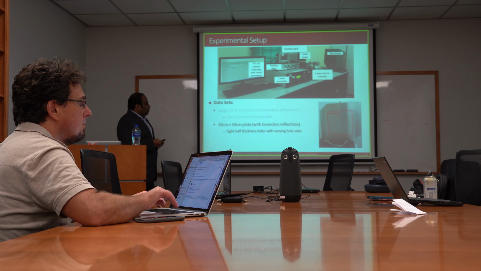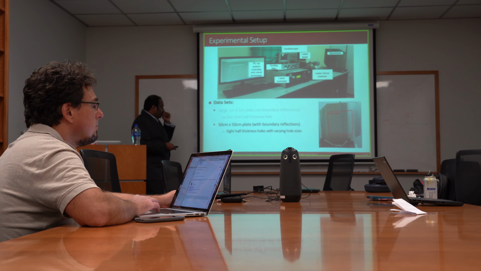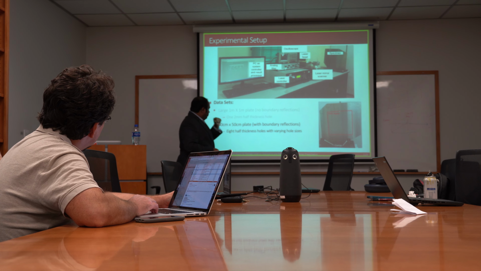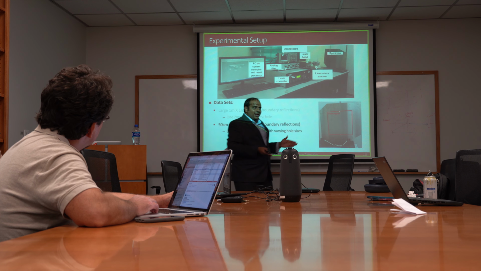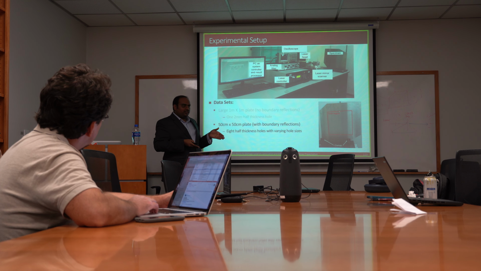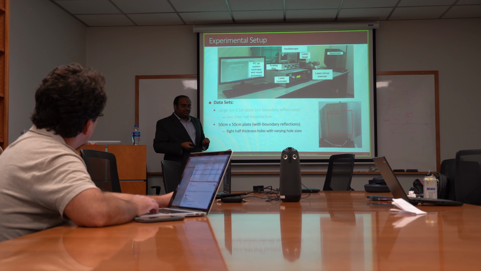Okay, now moving to a different plate. This is a bit more complex for two reasons. One is that it has two clamps. The plate is cut at different angles at the corners, which creates more reflections and makes the data more complex.